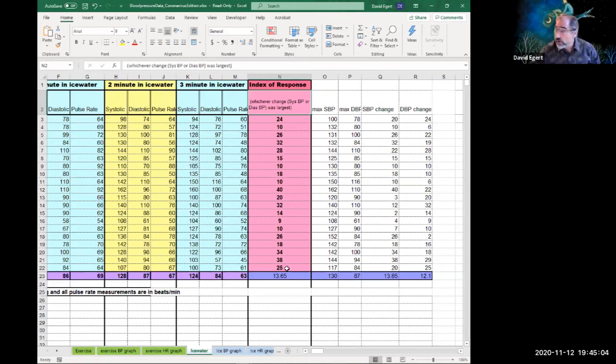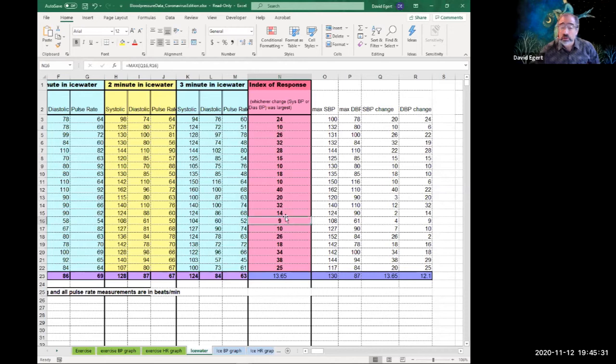If you look along here, you get some people who are what we call hyperreactors, who had really large changes, up to 40 millimeters of mercury difference between resting and during the ice water bath. Some people were way lower, barely changed at all, 9, 10, another 10.